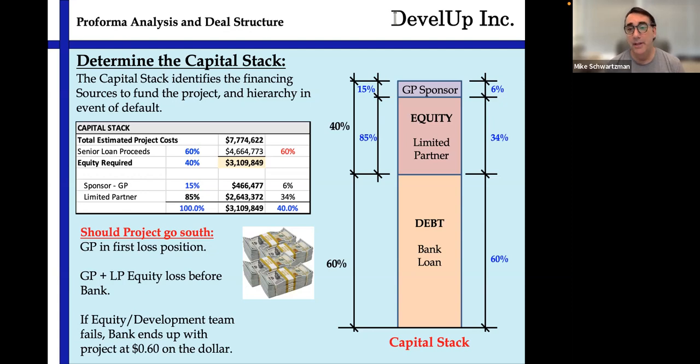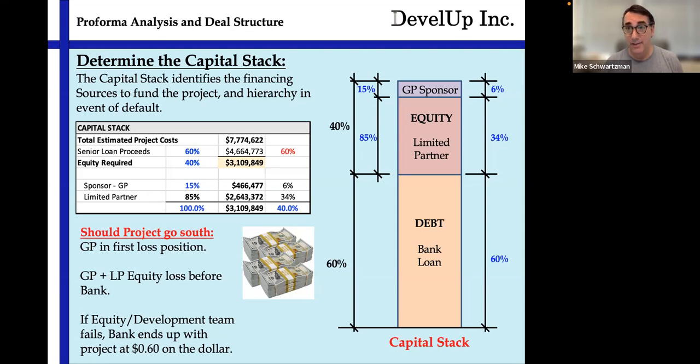But if it becomes REO, real estate owned by the bank, at the very least, based on the lender's investment analysis, and through investment committee, they can say, hey, we're going to lend on this $7 million project. We're going to lend $4.7 million. We're really buying a $7.8 million project for 4.7.